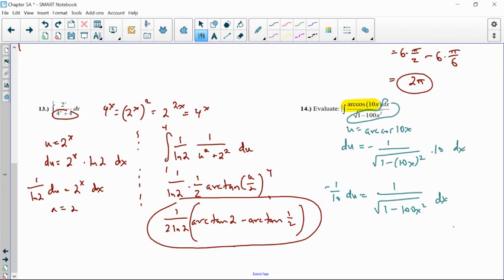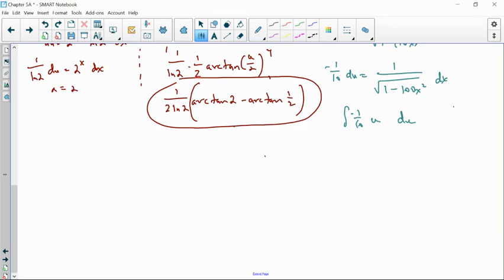So if I rewrite this, I get the antiderivative of negative 1/10 du, and it's just a u. Something so complicated became just a u, and its antiderivative is u squared over 2. So this becomes negative 1/10 times u squared over 2 plus c, or that's negative 1/20th.